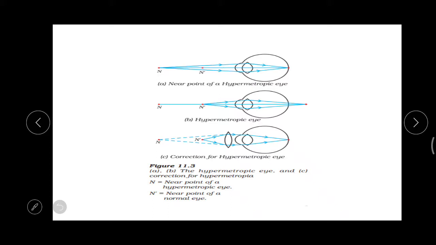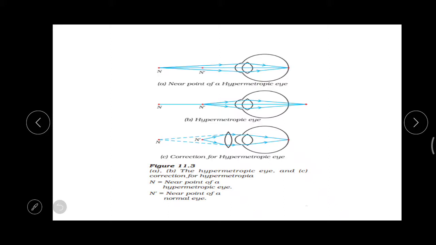So that's why it is known as farsightedness. The near point is getting far away from the eye. So the person with hypermetropia cannot see the objects which are closer to his eye, or which are at the near point of his eye.